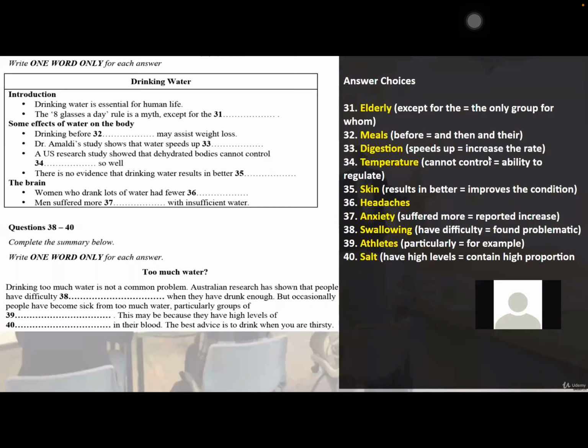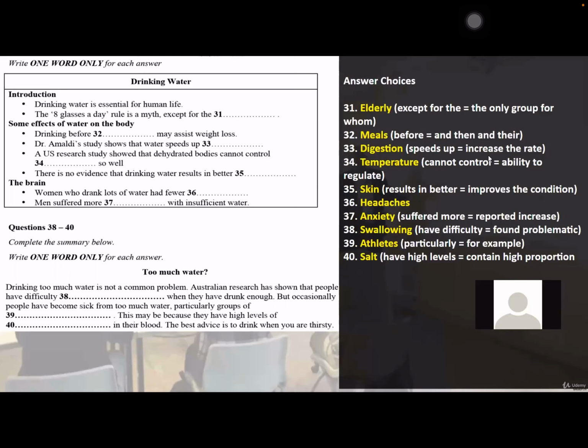Number 32 is meals before equals and then, and there is something they say. I'll look at the transcript for it. But number 32 is meals. Number 33 is digestion, where they say it speeds up, which is equal to increasing the rate. Number 34, the answer is temperature. Cannot control is equal to ability to regulate.